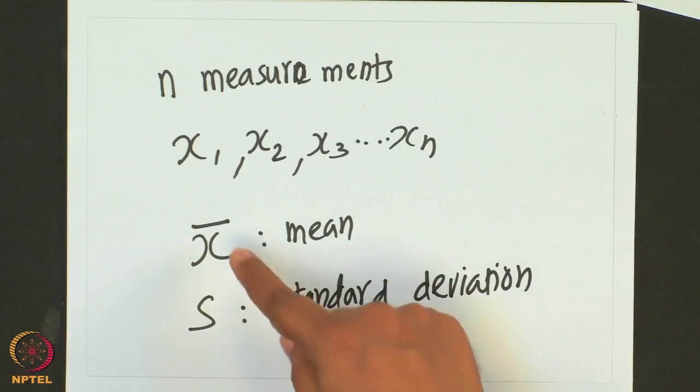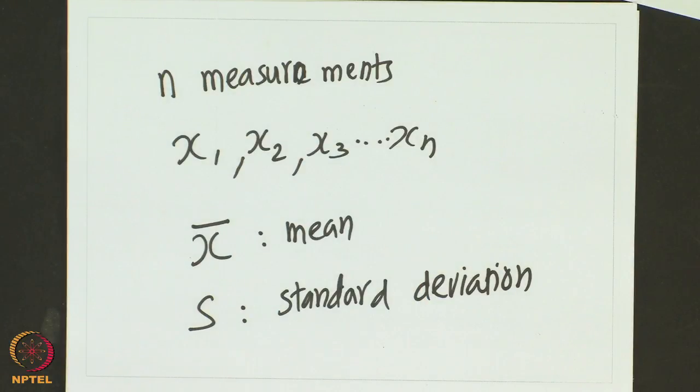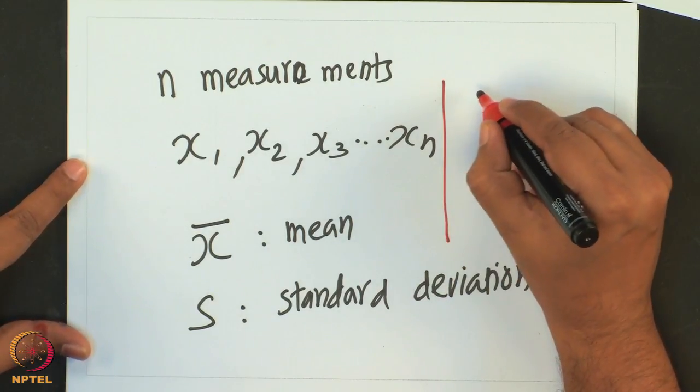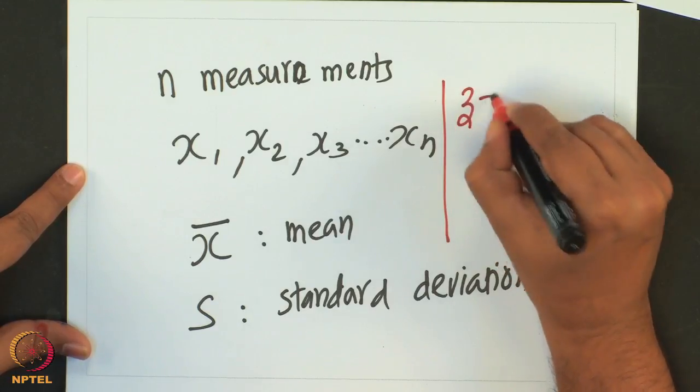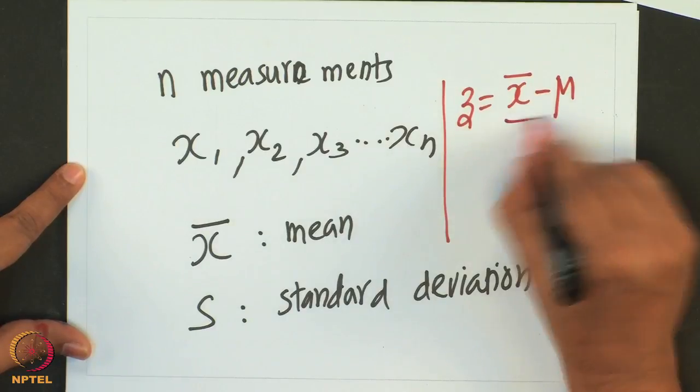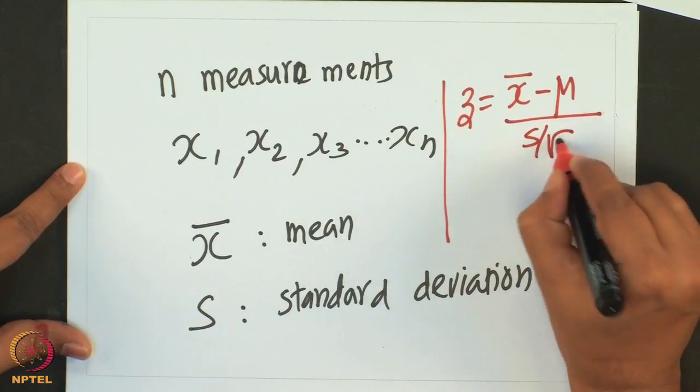Given this x bar, s and n, we can calculate a quantity which is called z or t, which is z equals x bar minus a fixed number mu, divided by s by root n.